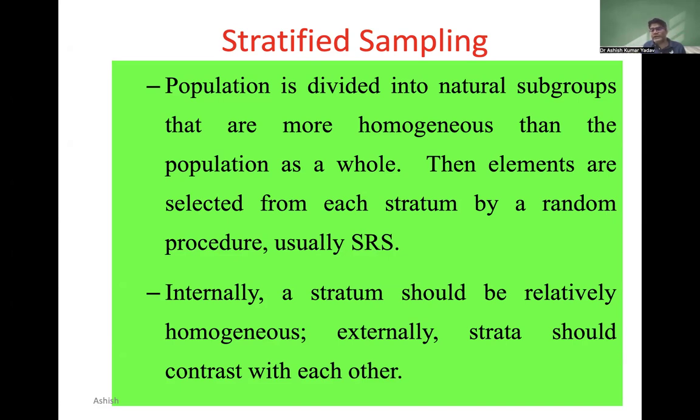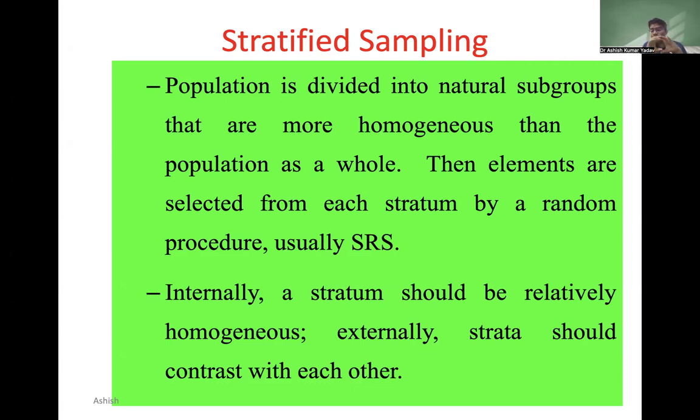So what will happen if you do an equal allocation? Suppose you choose 50 from the upper income group and 50 from the lower income group. On average, you will get an average salary, but that is not a true representative of the population. So what we need to do is adopt stratified sampling.